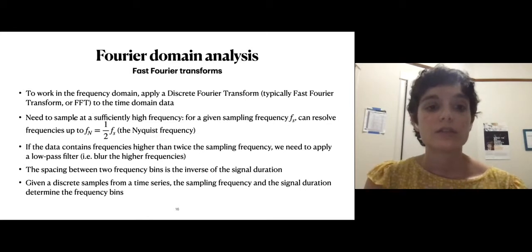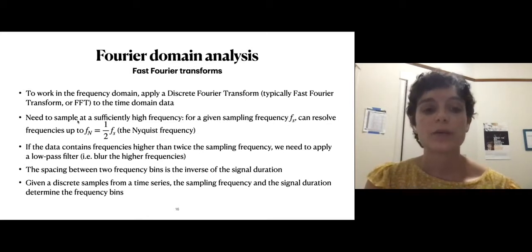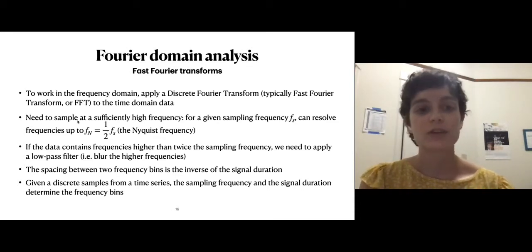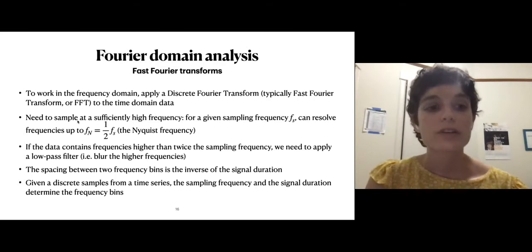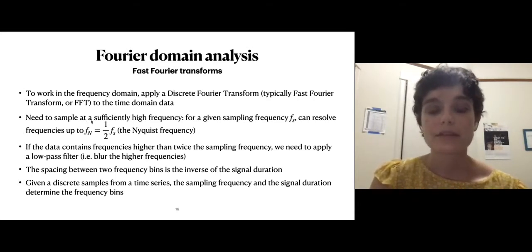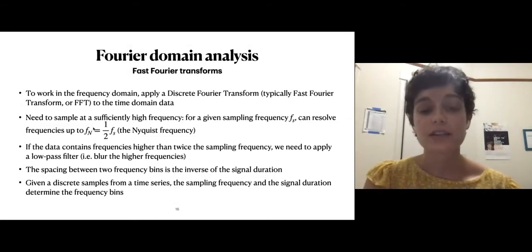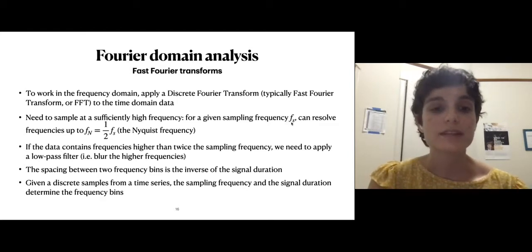And to do that, there's the highest frequency we can resolve with the data, right? So if you want to resolve some frequency, you have to make sure that you're sampling at sufficiently high frequency. So for a given sampling frequency, you can only resolve frequencies up to half of that sampling frequency.